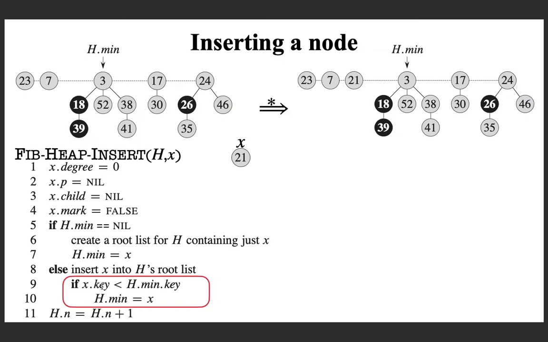That is what we do here, and because you inserted a node, you have to increment the number of nodes by 1. I hope now you are getting what this algorithm is doing.